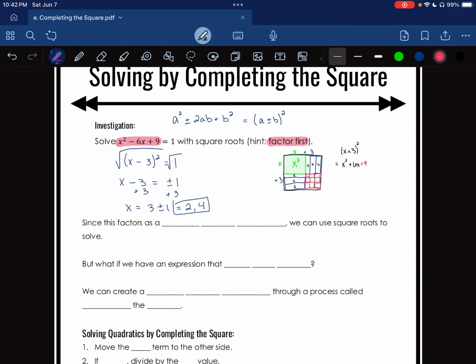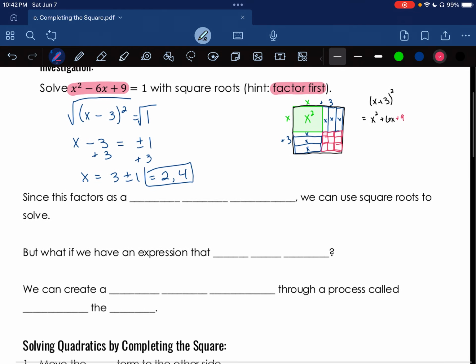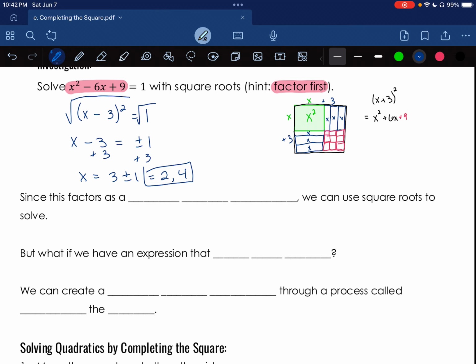Because this equation that we are dealing with factored as a perfect square trinomial, right? It's a perfect square, just like 4 is a perfect square, just like 16 is a perfect square. We can use square roots to solve.